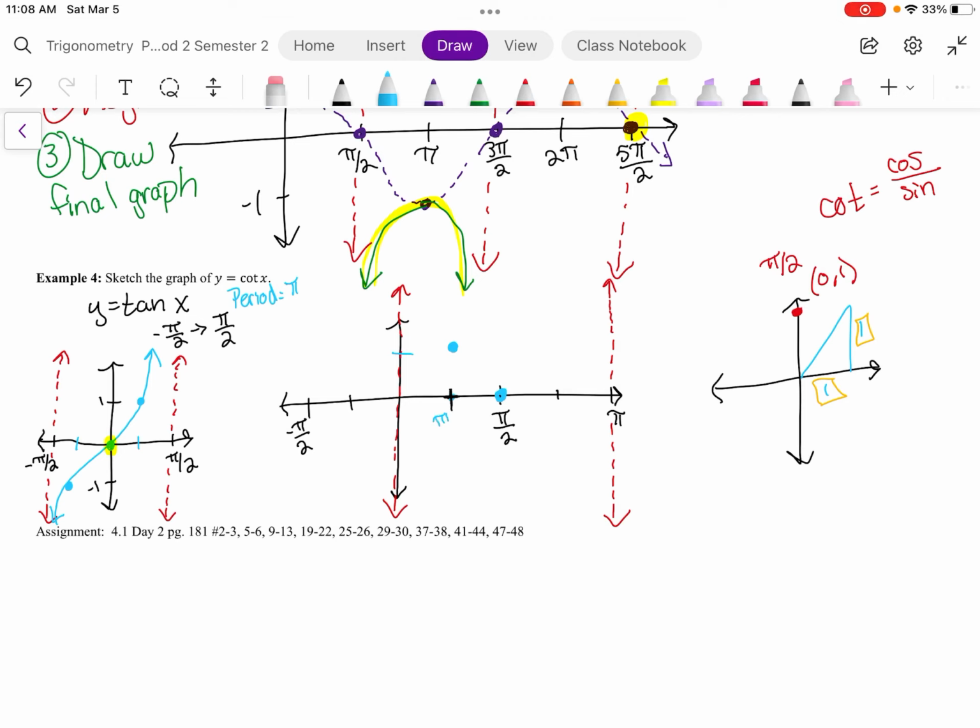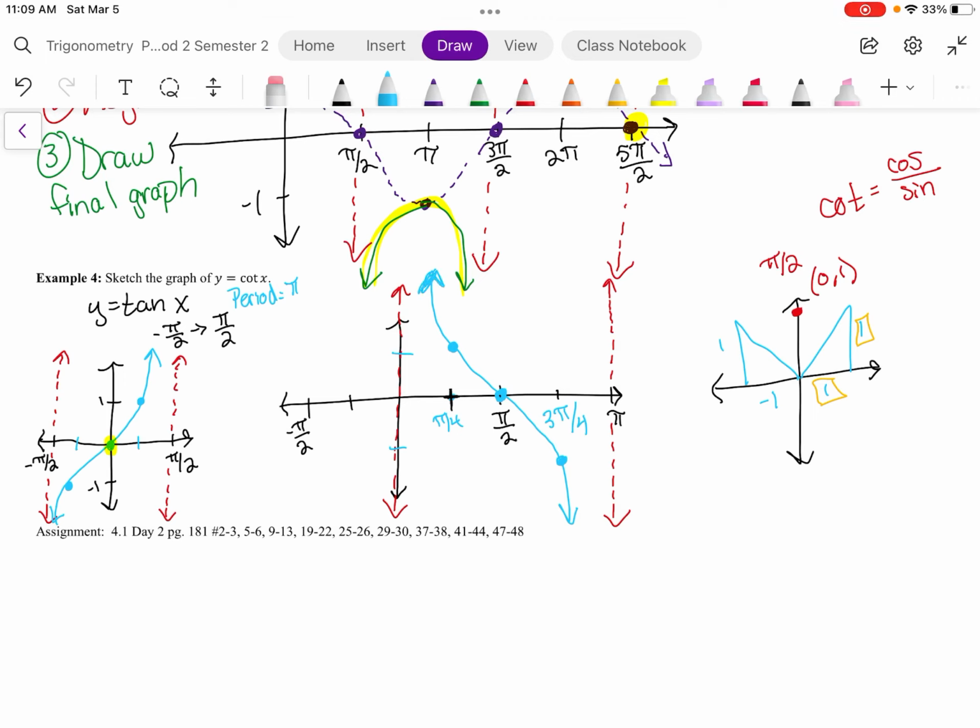And then, that was pi over 4, we need to find the cotangent of 3 pi over 4, which is going to be in our second quadrant, 1, negative 1. So our cotangent is going to end up being negative 1. And this would give us one full cycle for our cotangent.